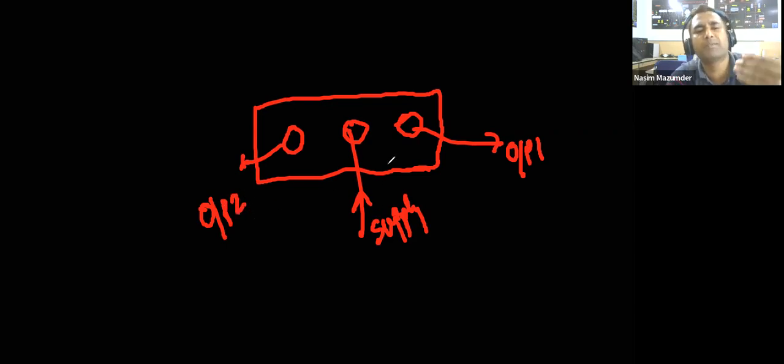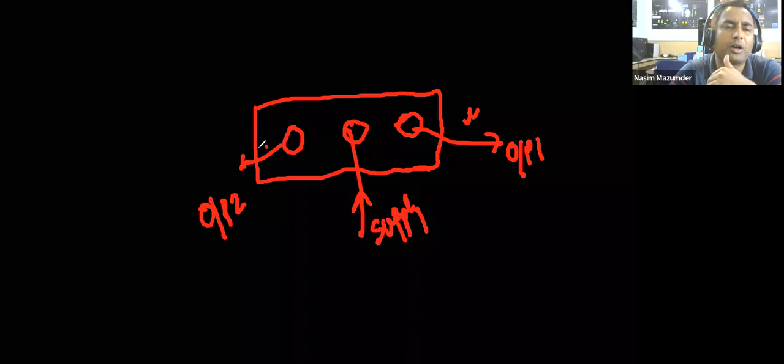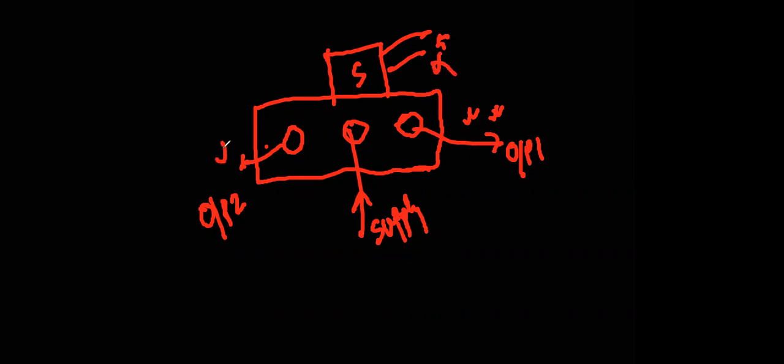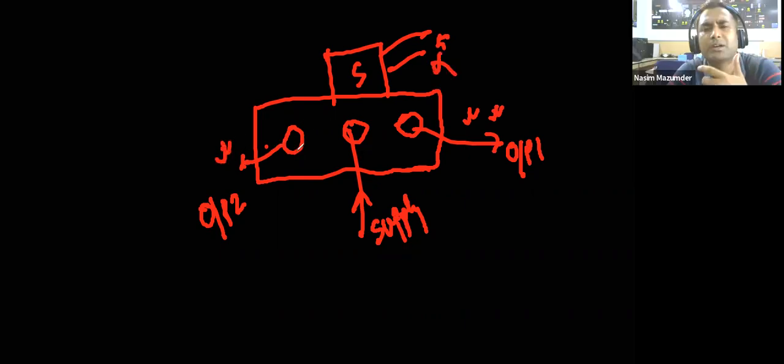If supply to your solenoid is available, then suppose output one is open, and if supply is not there, then output two will open. So this is your double acting solenoid valve.